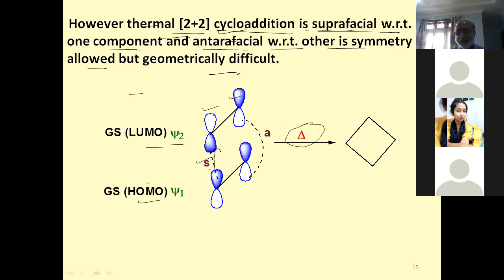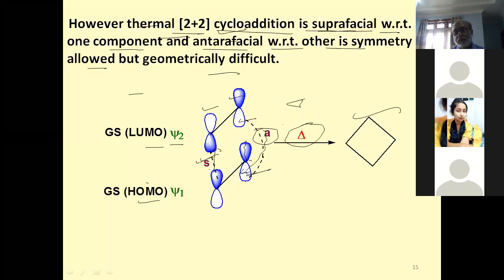But if it has to overlap, this is the front side and this one is the back side, so it has to overlap with this face, and it becomes opposite, so it becomes antarafacial. So if you have to carry out thermal 2 plus 2 cycloaddition, one will be supra and the other has to be antara. Supra antara is symmetry allowed.